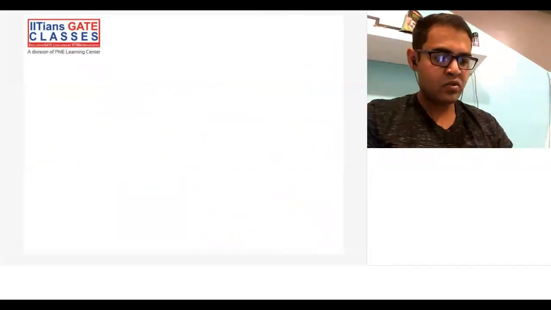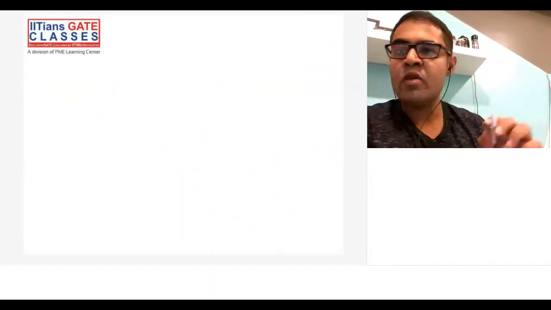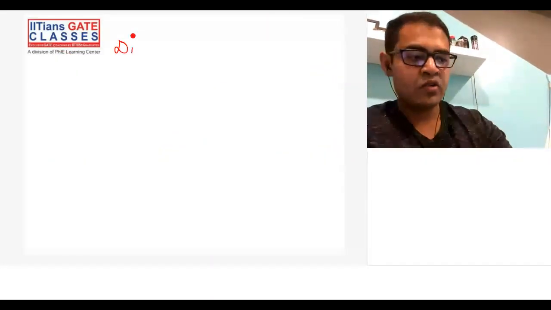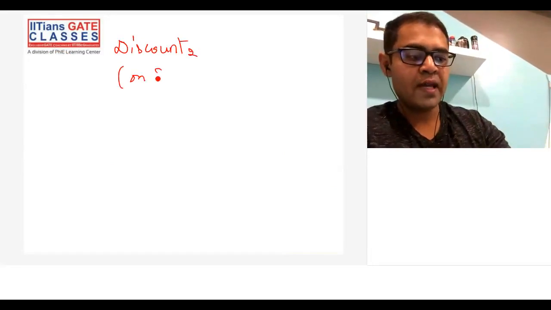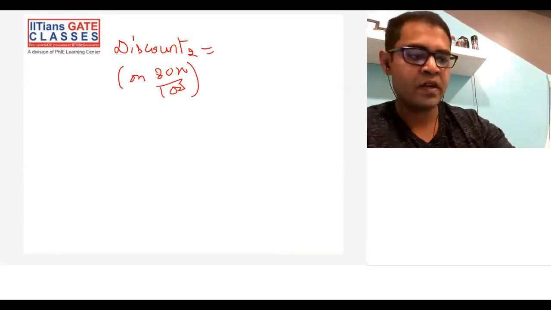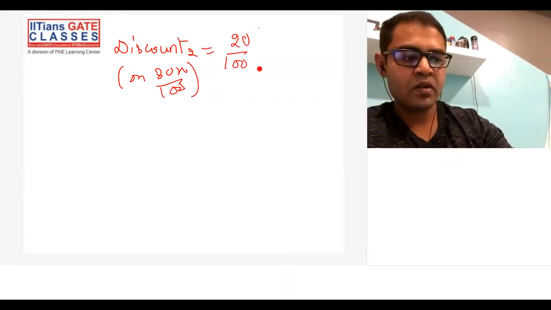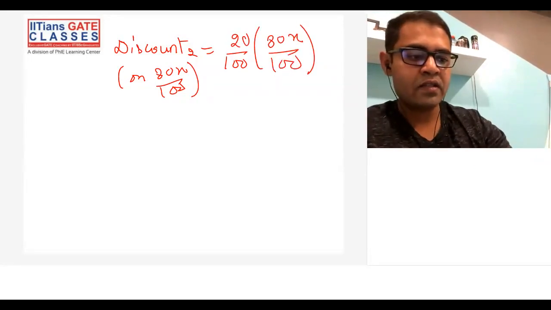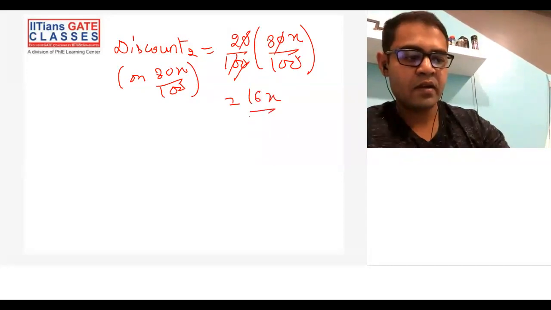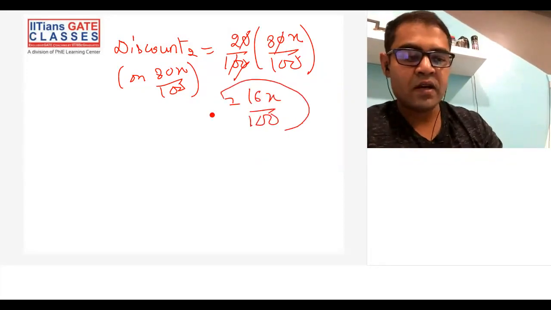Now for case 2, I want to calculate my second discount. Discount 2, which is on 80x by 100, the remaining price, is 20% of this, right? So 20% of 80x by 100. I'll cancel two zeros, so this becomes 16x by 100. This is discount 2.